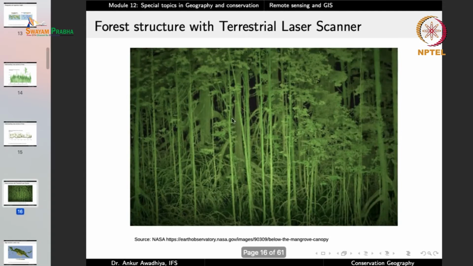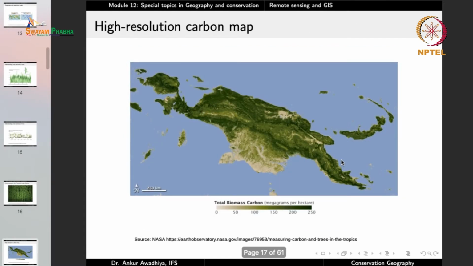So essentially we can use the terrestrial data to calibrate the readings of the space data, and we can generate a high resolution carbon map of different areas. So this is an information that would have been very difficult to determine just by using the manual methods. So LiDAR is playing a big role in forestry these days.